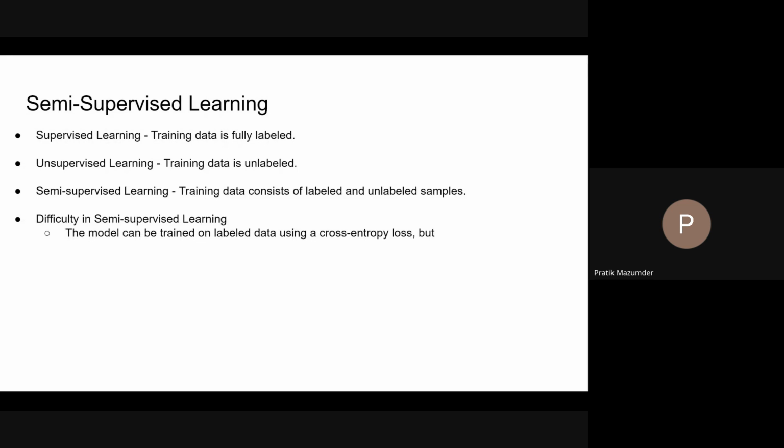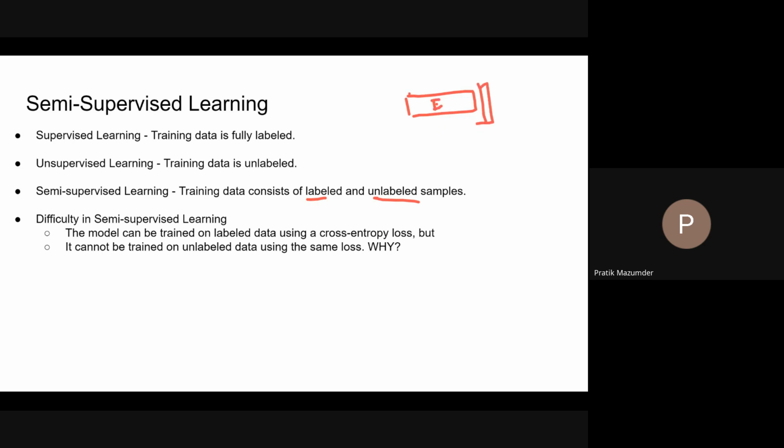There will be some problems associated with it, because you're creating a single model that will have to utilize both your labeled as well as your unlabeled samples. You can train your model on your labeled data using some classification loss like cross entropy loss, but you cannot train on your unlabeled data using the same loss. Suppose you're considering a simple network which has a feature extractor and then finally a classification layer.